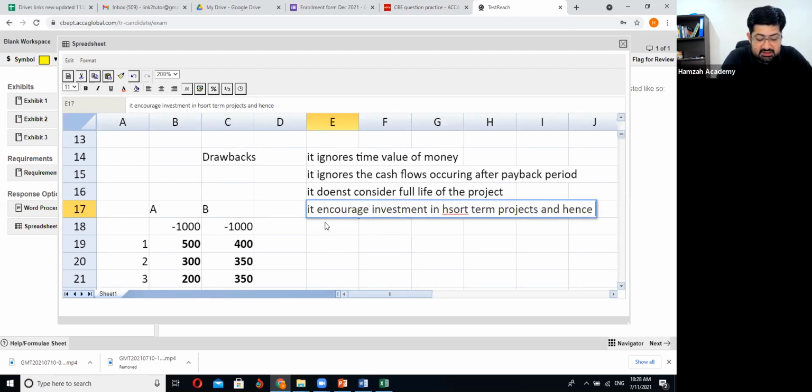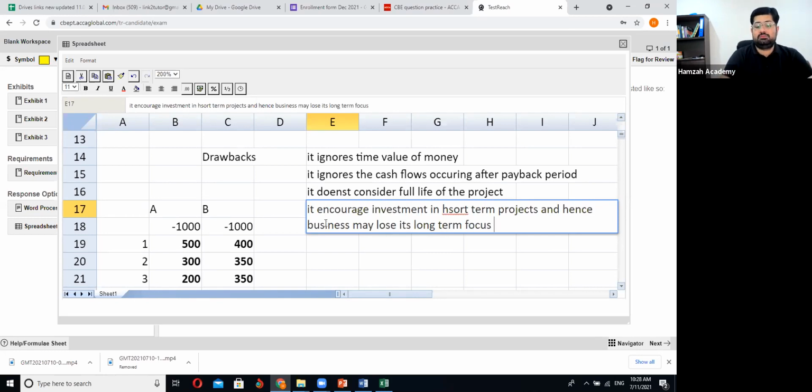And hence, business may lose its long-term focus. Business may lose when you accept the project with the short-term life. So sometimes projects are long-term for the business, which are important. They ignore that.